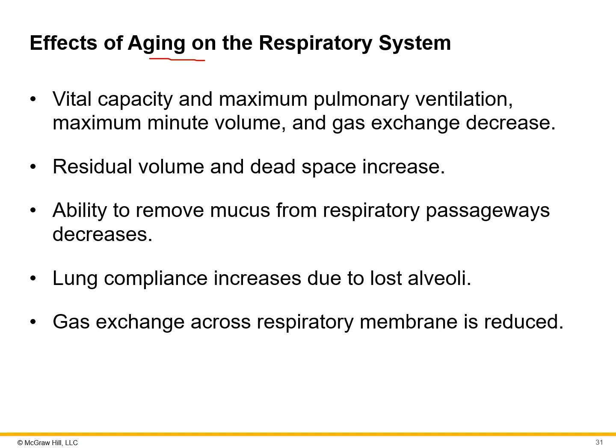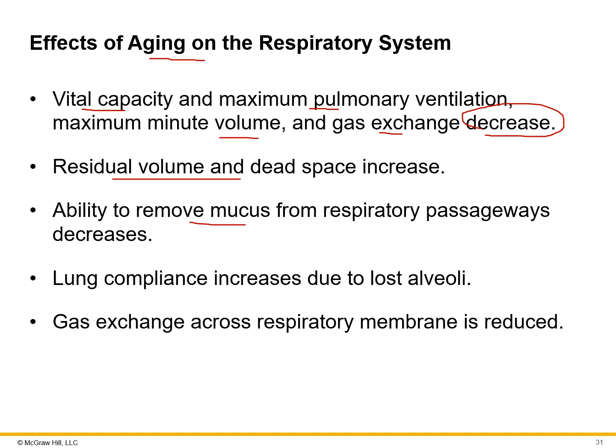And then finally, just looking at the effects of aging on the respiratory system. As we age, our vital capacity, maximum pulmonary ventilation, minute volume, and gas exchange all decrease as our lungs start to age. Residual volume and dead space, so the air left over and those alveoli that don't participate in gas exchange, those increase.